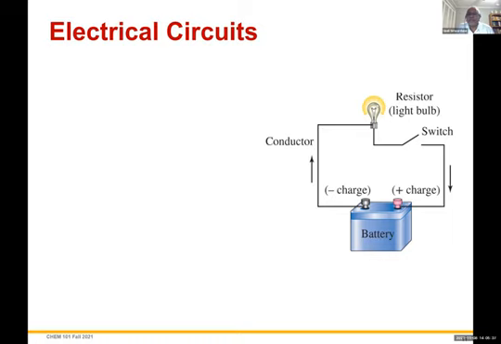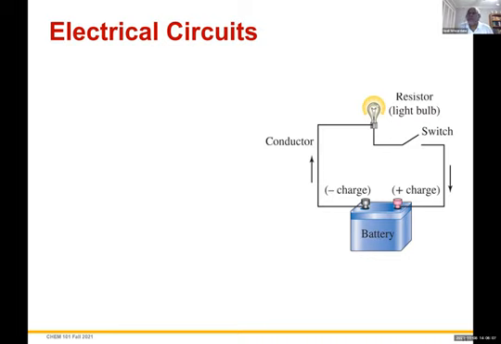Electrons are passed through a wire as current, to light up a bulb. There's a switch; if you break it, then the circuit is open. From anode to cathode, electrons pass through.